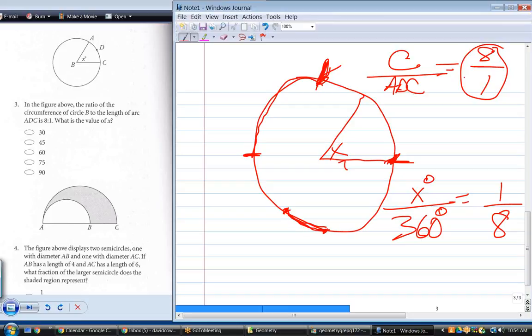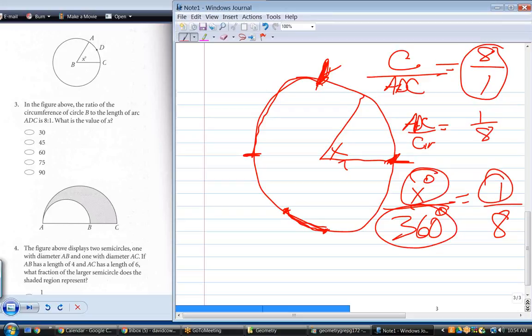So I could have written this as ADC is to the circumference of the circle as 1 is to 8. Therefore, angle x is to 360 degrees as 1 is to 8. Solve that, so x would be equal to 45. You get 8x equals 360, and then divide by 8.